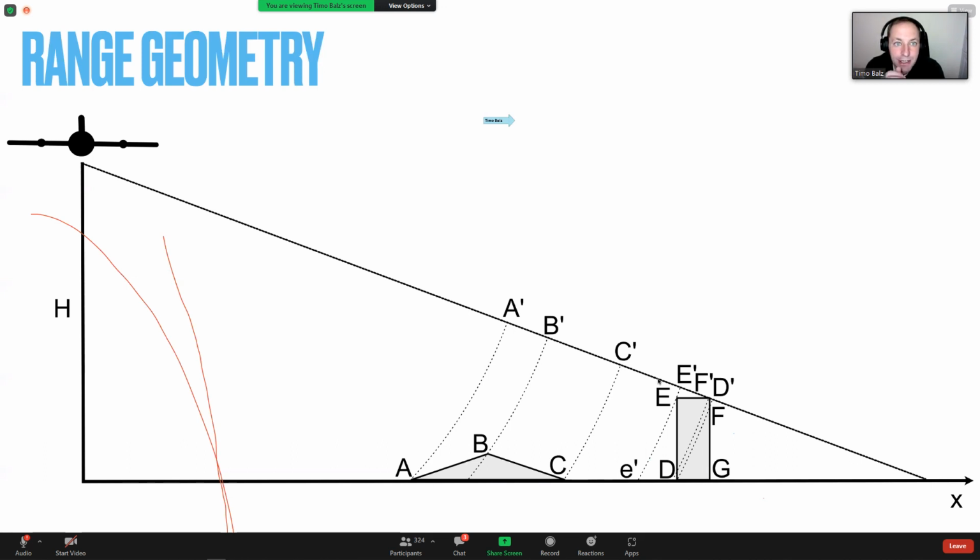So you wouldn't really know: did I receive something from the building, from this capital E, or from the small e on the ground? These two signals will come back at the same time. You have an ambiguous signal then, and this is the so-called layover effect.